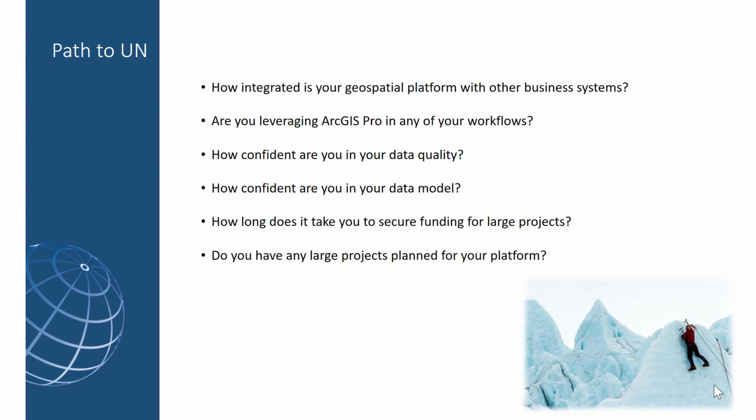Do you have any large projects planned for your platform? This is important because what we're observing is the Esri platform within utilities is leveraged quite a bit all over, and there's a roadmap to enable your business. Some organizations have roadmaps and others don't. When you do have a roadmap and you do have projects in there, you really need to look at how utility network fits into that.